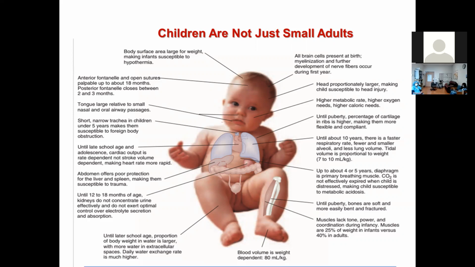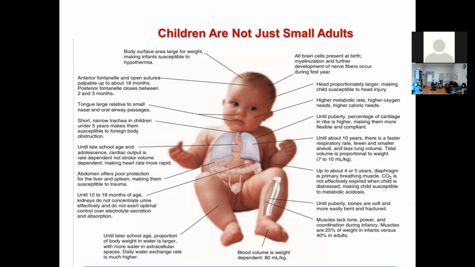Until puberty, the percentage of cartilage in the ribs is higher, making them more flexible and compliant. Until about 10 years of age, there is a faster respiratory rate, fewer and smaller alveoli, and less lung volume. Tidal volumes are proportional to body weight. Up to 4 to 5 years of age, the diaphragm is the primary breathing muscle.